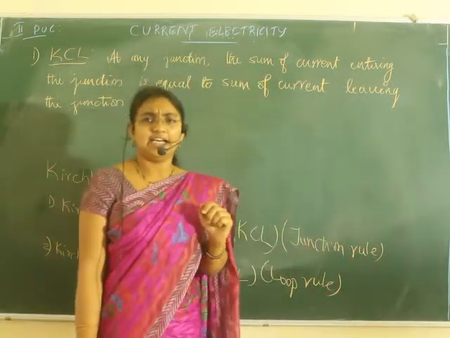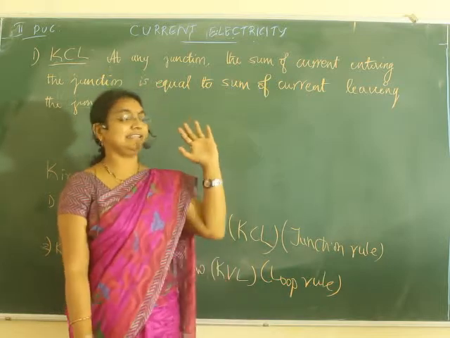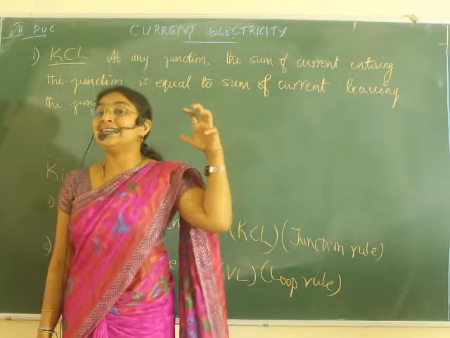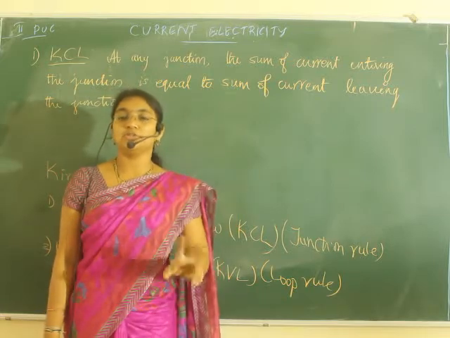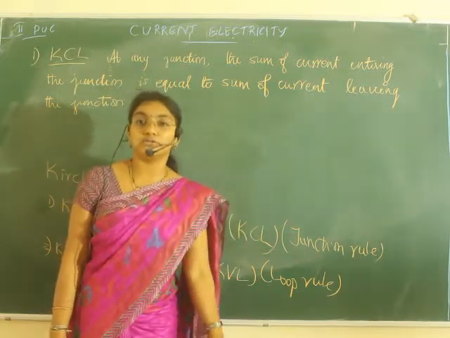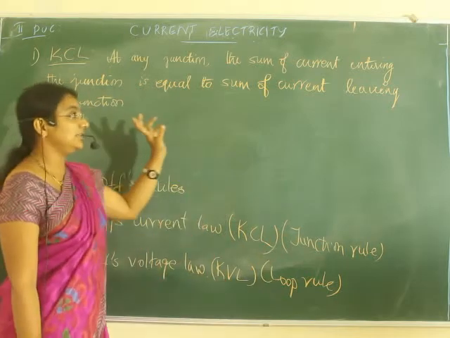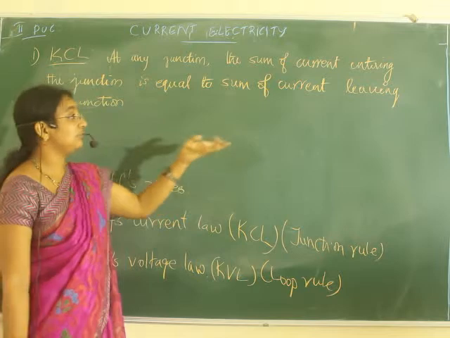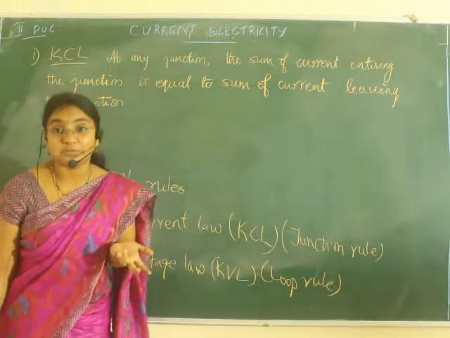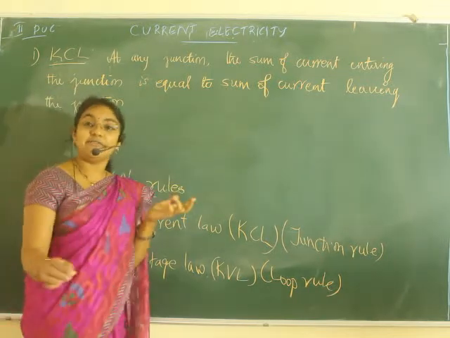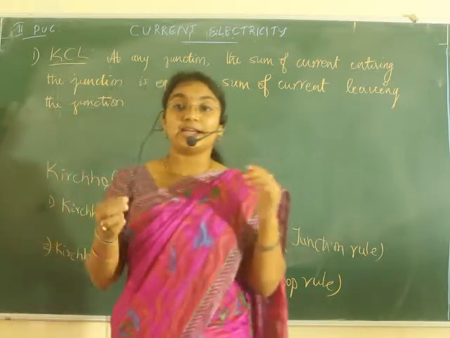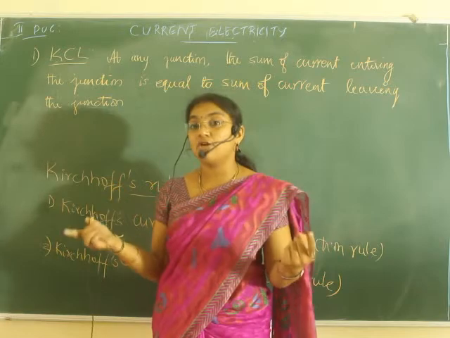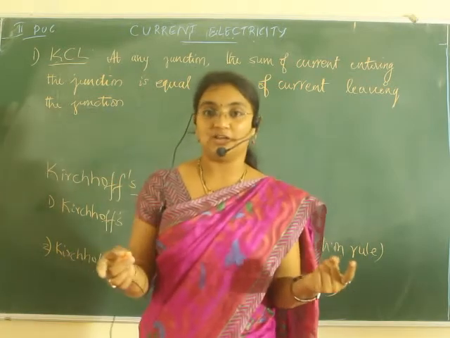Just like in a classroom, let us consider this classroom as one junction. However many students enter into our classroom, so many students will go out of the classroom, correct? So I can say the sum of students entering the classroom is equal to the sum of students leaving the classroom, correct? So in the same way, however much current is coming to the junction, so much current will go out of the junction also.